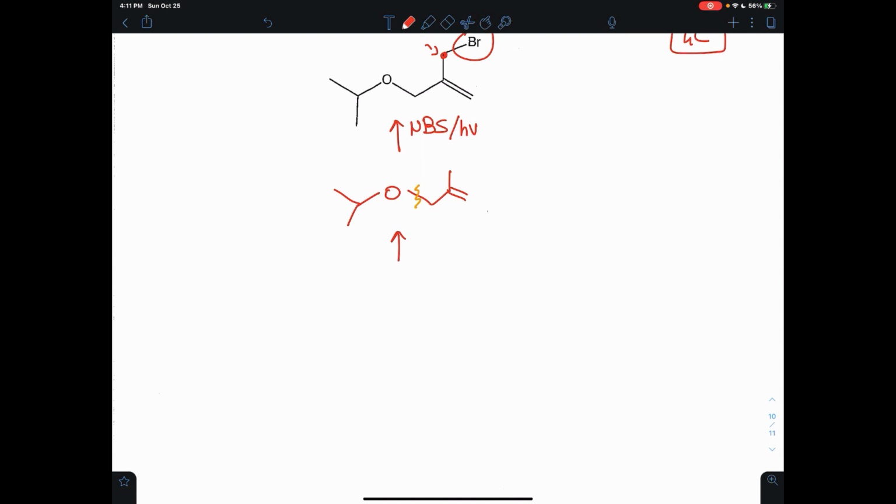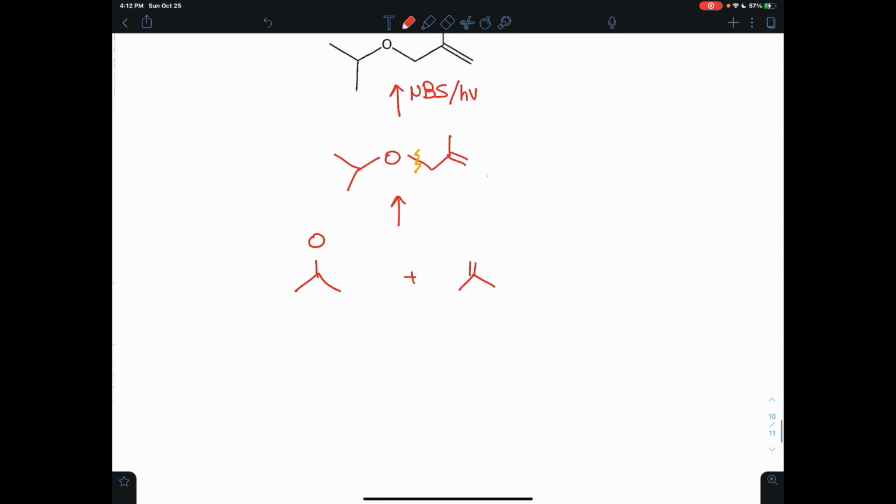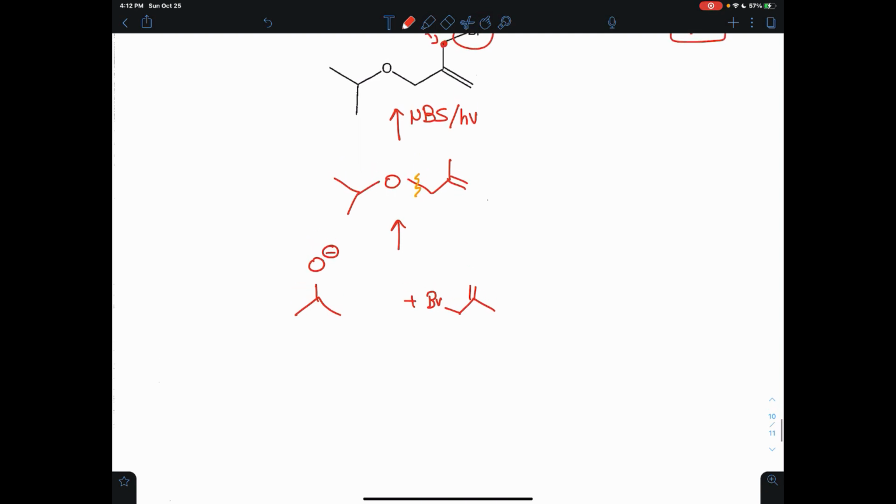To form this molecule, I need an oxygen right here, a double bond, Br. Now, a common mistake that people make is they just use O minus here. You cannot use O minus because then you are gonna have an E2 reaction, and you don't want that.